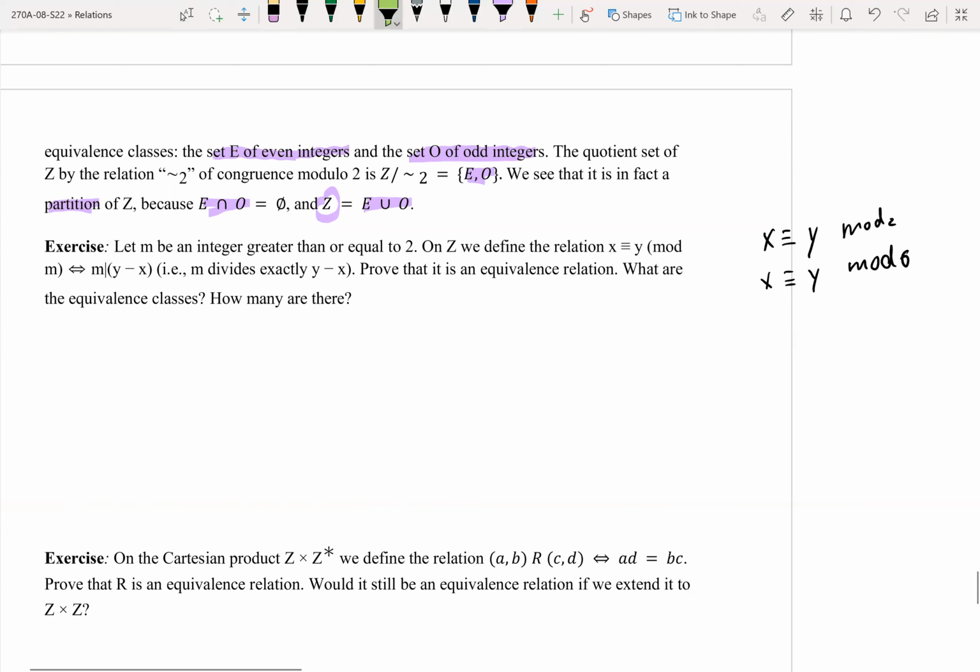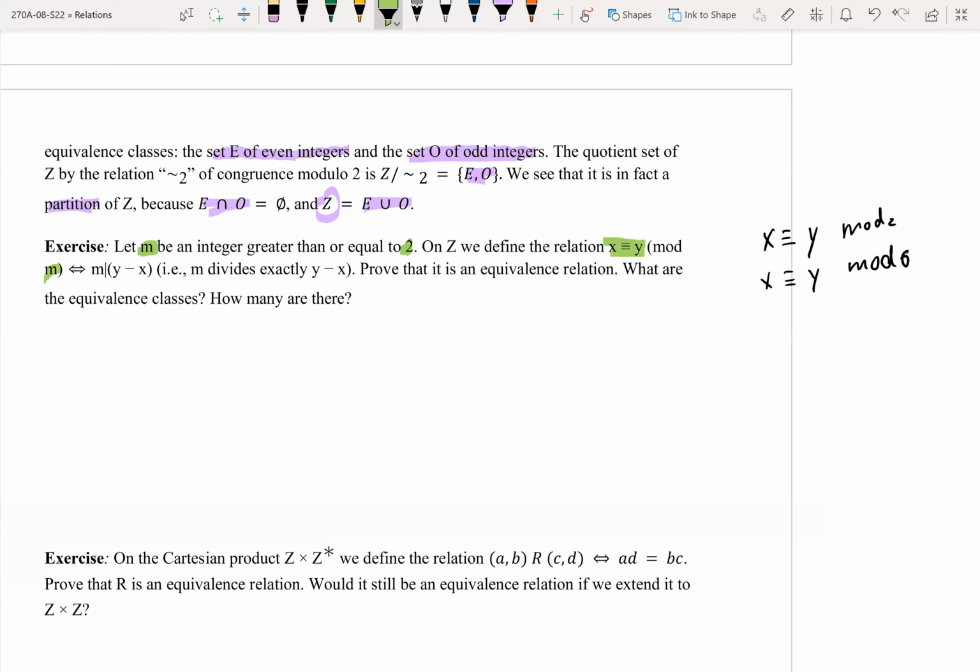This example tries to extend our concept of mod and partitions. Consider an arbitrary M, which is greater than or equal to 2. It's nothing special, just something bigger than 2. And then your definition says X is related to Y in mod M, and that's the same as M divides Y minus X.